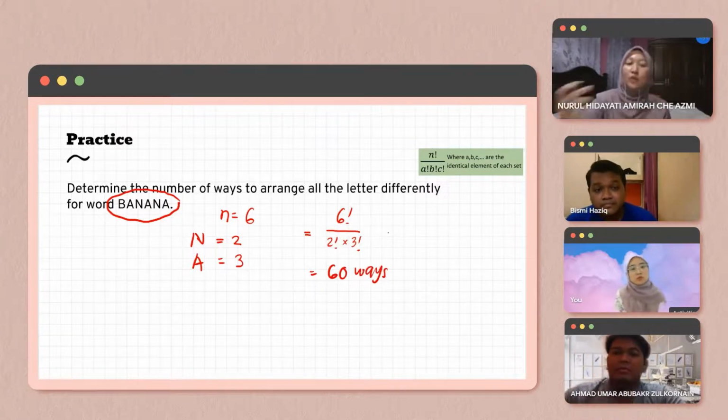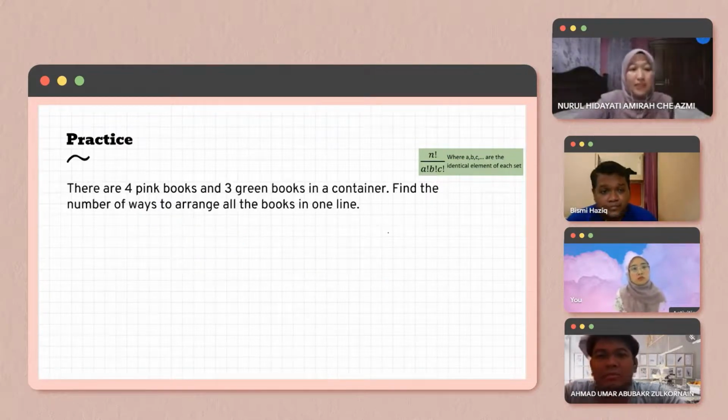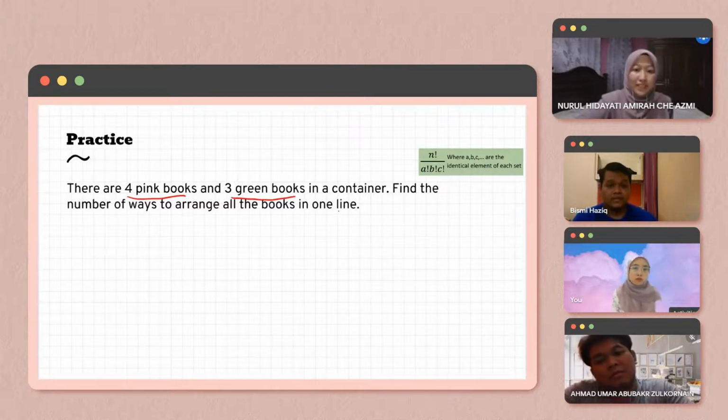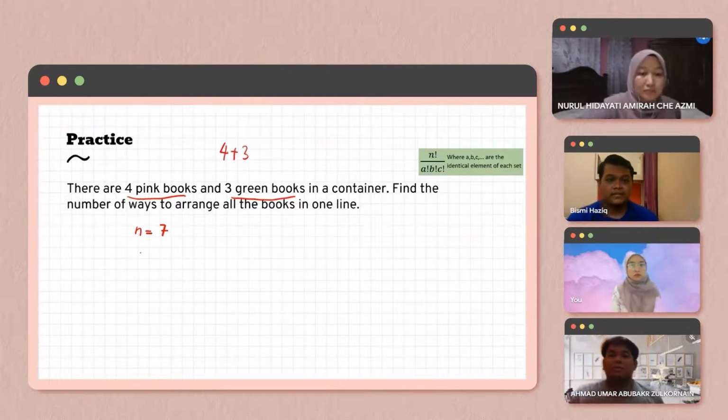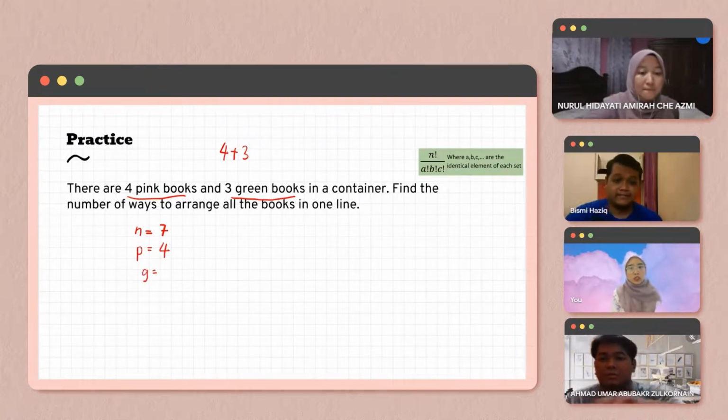The last question for our practice. There are 4 pink books and 3 green books in a container. Find the number of ways to arrange all the books in a line. Here n is 7, because we add all the elements, 4 plus 3. The pink books we have 4, and the green books we have 3.